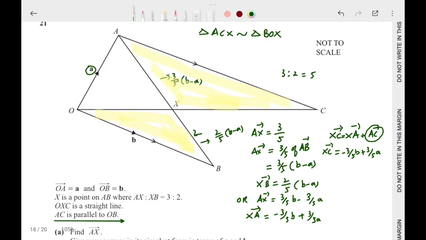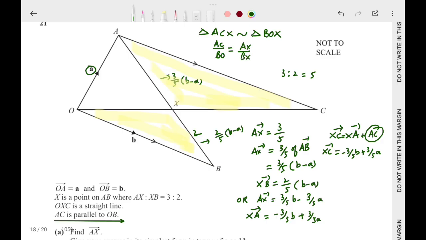Now by using the similarity property, we can easily find out the length AC. If I write here AC over BO is equal to AX over BX, this is more than enough for me.